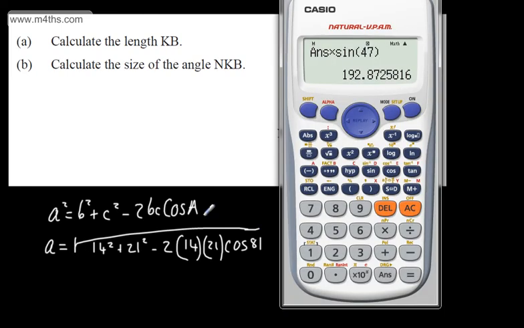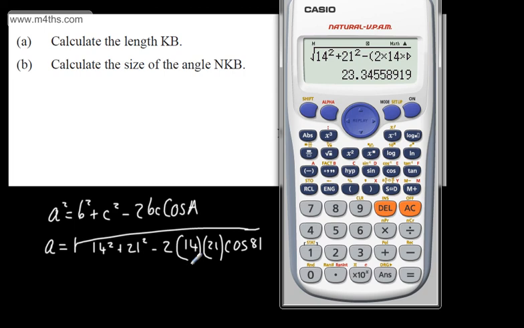So if we take now the square root of 14 squared plus 21 squared minus 2 lots now, so 2 times by 14 times by 21 times by cosine, and you can put this in how you like, you can use brackets or multiplication, cosine of 81 degrees.